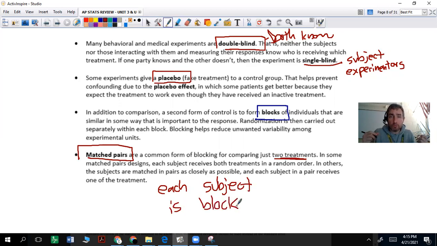That means each subject is going to get ideally both treatments, and there'd be a comparison within each one, get the difference, and then combine your data to get better data, because each person might react differently to the different treatments. So matched pairs is each subject is the block.